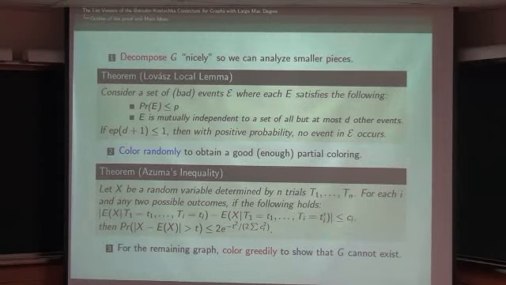So if I understood correctly, everything before this comma here and here is the same. So Azuma's inequality basically says when you have this random variable, I'm just going to change the outcome of one event. It doesn't have to be the last experiment.